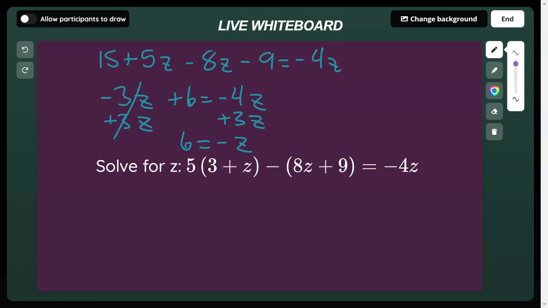Negative 1z. So now I still need to get z by itself. Divide by negative 1. Negative 6 equals z. Okay? Careful with those negatives. Every time. Alright? Questions, comments, concerns?